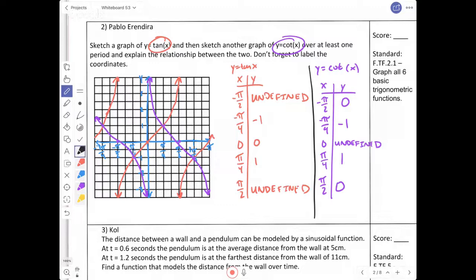And let's see. We know that every value on y equals cotangent of x is the reciprocal of the value on y equals tangent of x.